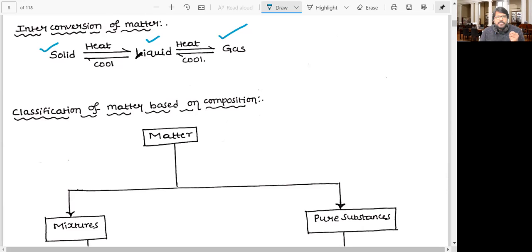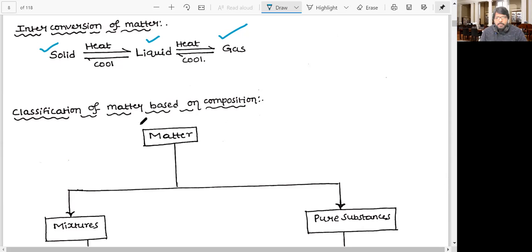Of course, the solid is converted to liquid when you supply some heat. Liquid is converted to gas again when you supply heat. And of course, if gas is subjected to cooling, the process is called liquefaction. That is, you will be getting liquid form of that substance. When liquid is subjected to crystallization or solidification, you'll be getting matter in which state?